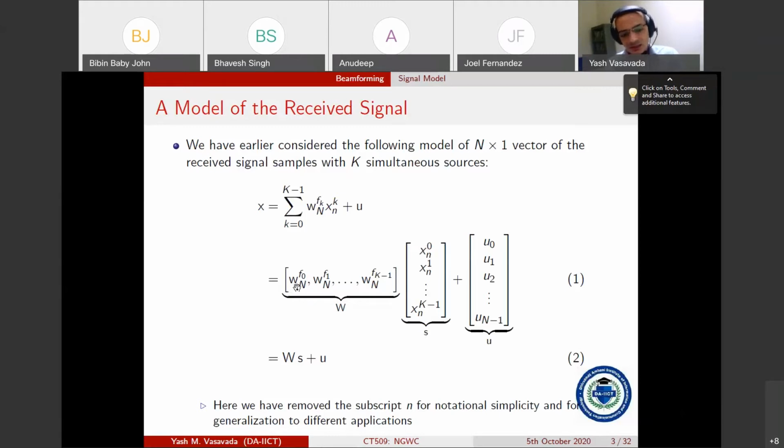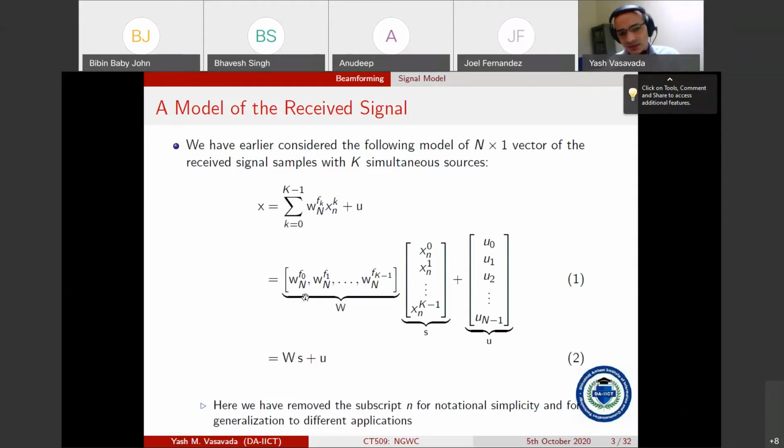In the context of linear time invariant systems, the specific example we took was FIR filters. This w(f0), w(f1), w(fK minus 1), they form just the complex exponential vectors at these different frequencies.